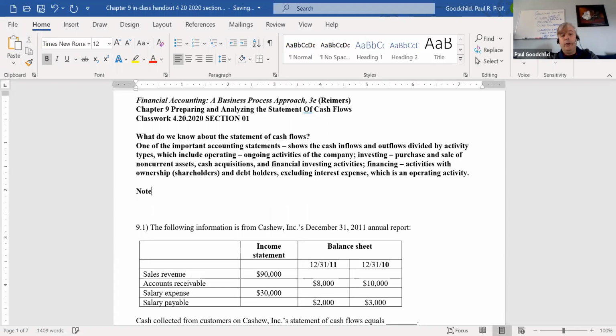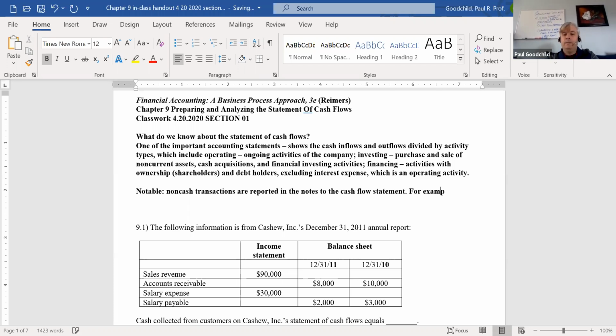On a side note, notable non-cash transactions are reported in the notes to the cash flow statement.